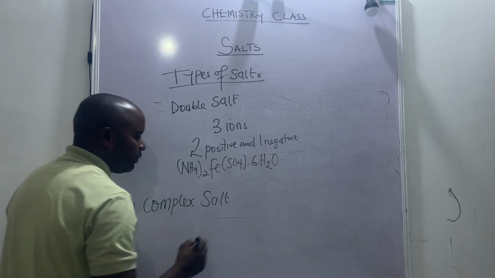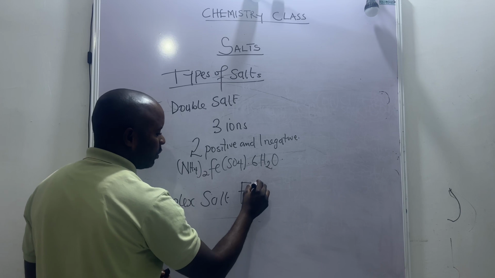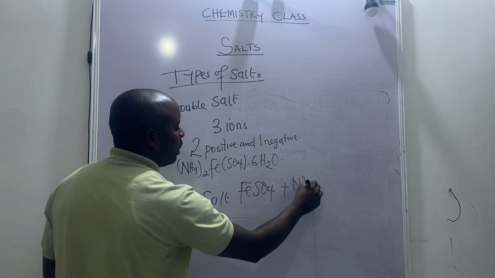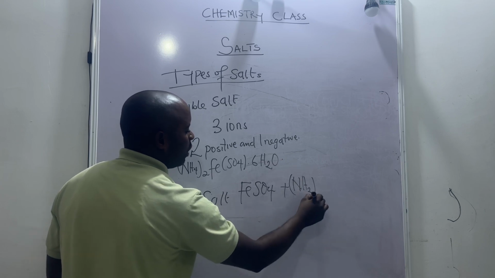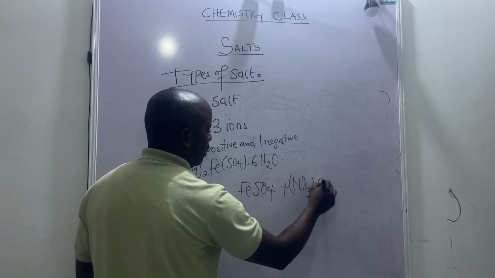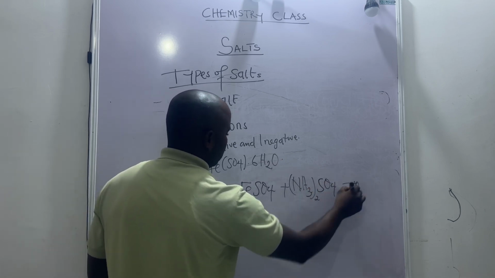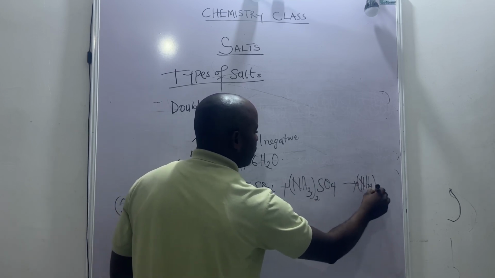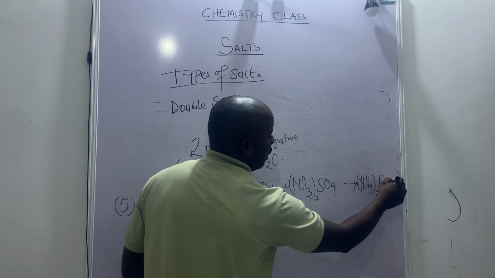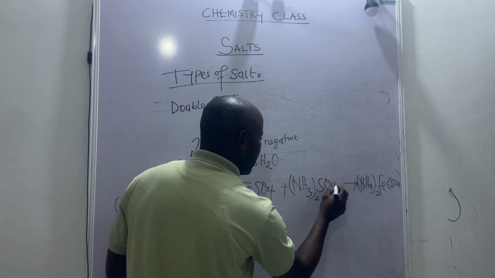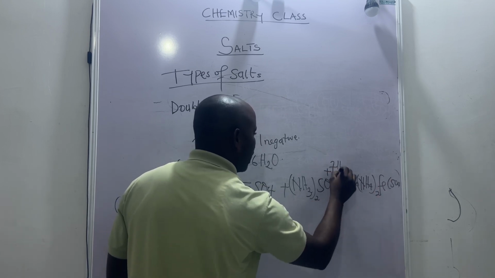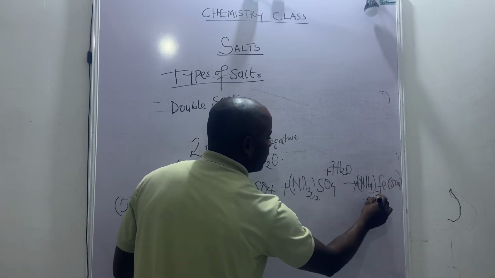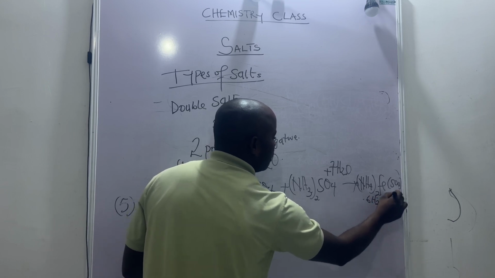We can use ammonium sulfate, (NH4)2SO4, and FeSO4. In this, we are going to add 7 moles of water, which will give us the hexahydrate, (NH4)2Fe(SO4)2·6H2O, plus H2O.